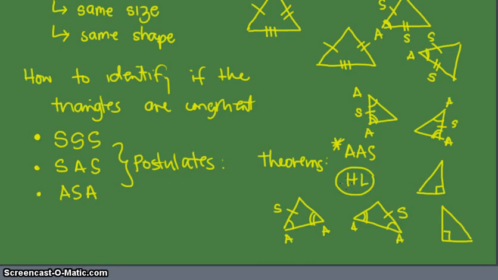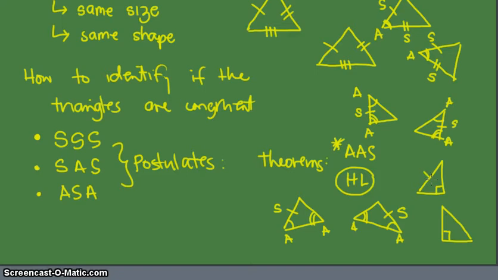H stands for hypotenuse, and L stands for the side, or one of the sides of the triangle. So in this case, you have to take note that this theorem will only apply if the two triangles are right triangles. So how will we use the HL theorem?